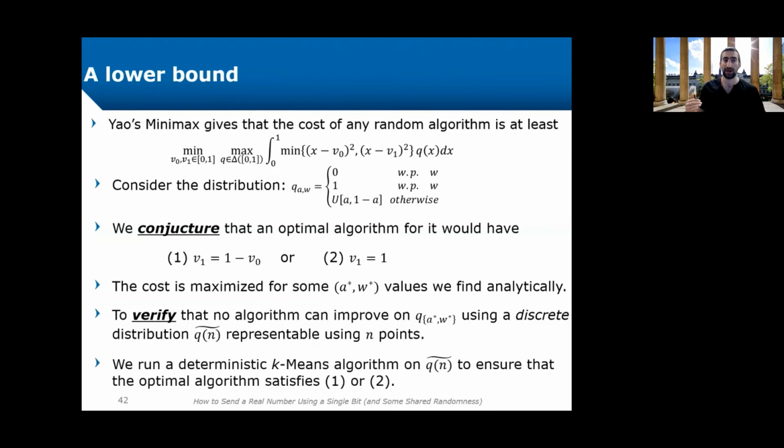And then we run a deterministic k-means algorithm for k equal to 2 on this discrete distribution to compute what's the optimal deterministic algorithm for this discrete distribution, right? And we said any distribution would give a lower bound, so this discrete distribution also gives a lower bound, and as n tends to infinity, this discrete distribution converges to this Q_A,W distribution, and this is how we get the lower bound.